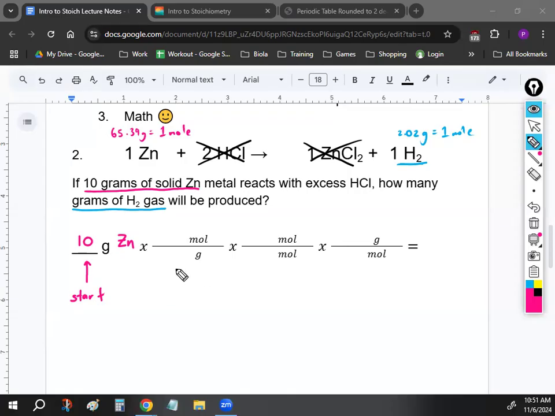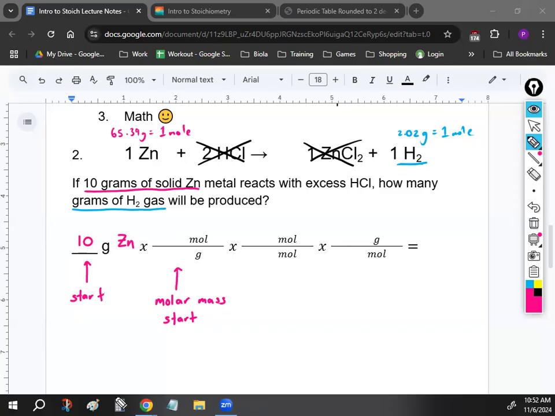The second blank, we are going to fill in the blanks using the molar mass of your starting chemical. So whatever you start with, you are going to use the molar mass of that starting chemical to fill in the blanks here. All right, let's see if you guys are paying attention.